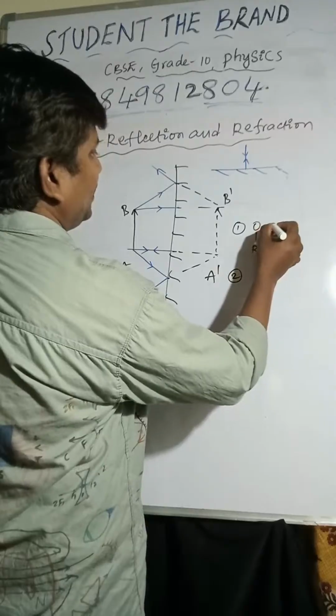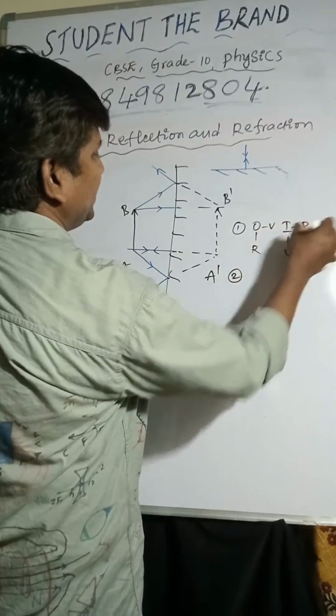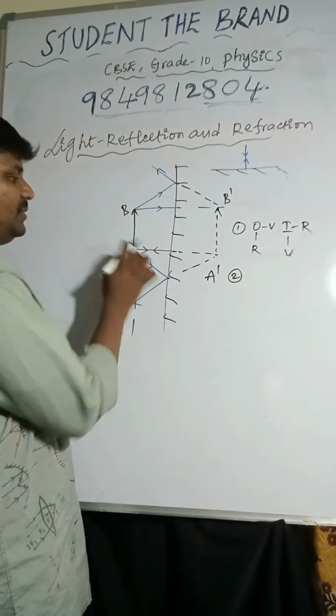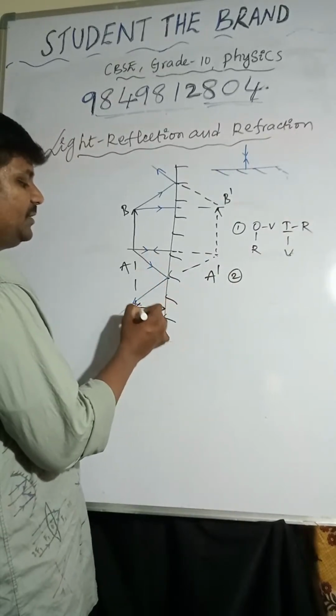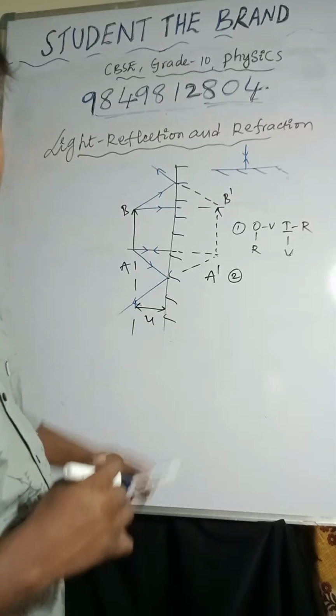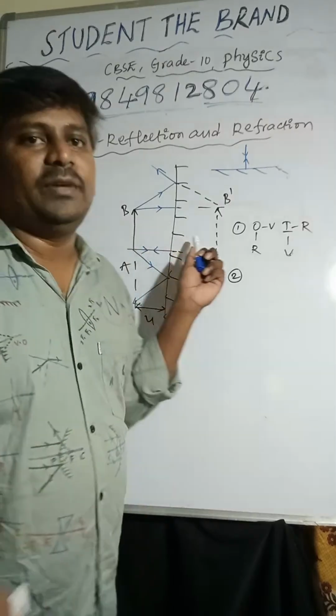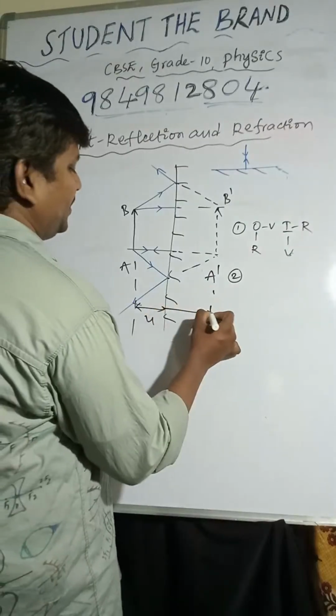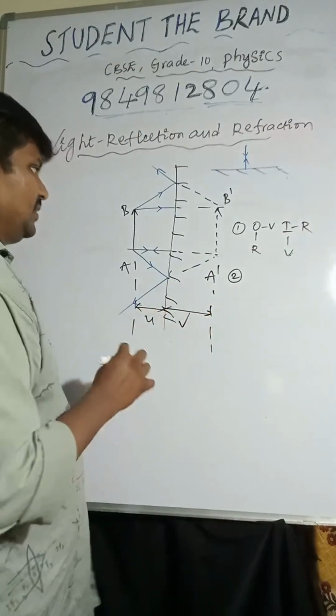Second point is the distance. This is the object, and the distance between object and mirror is called object distance. The distance between mirror and image is called image distance.